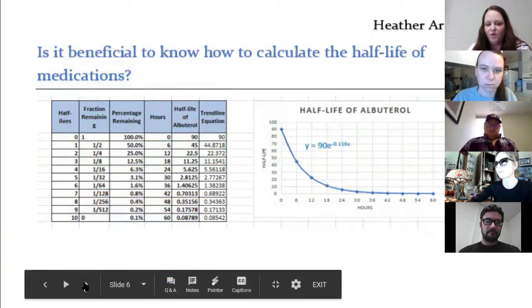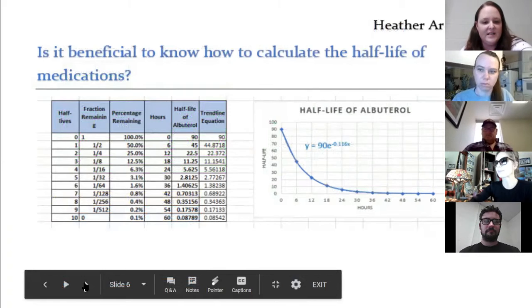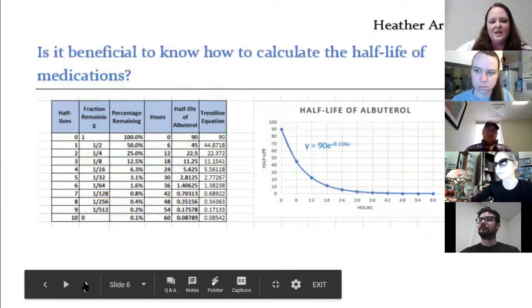She takes albuterol for her asthma. I found this one really interesting. I need to know how long the medication stays in her system. When she first takes it, it shows that at 6 hours she still has about half, so that's pretty good. She runs cross country and track, so she takes it before, and she should be good by the time way after the race is over, and she'll be fine.